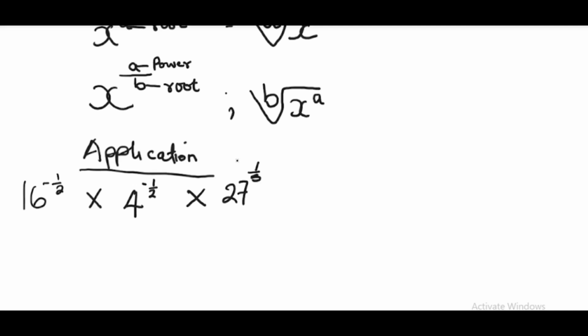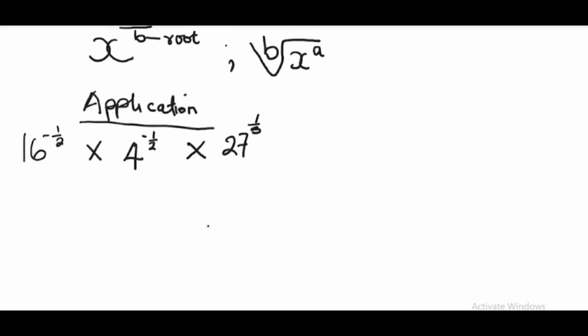So if you look at this question, the law that should come to your mind is the law of fractional index. But before then, as you're looking at the fraction, you'll be seeing negative sign, right? So it means we should take care of the negative before we come to fraction.